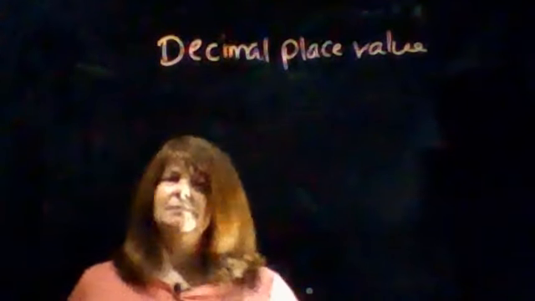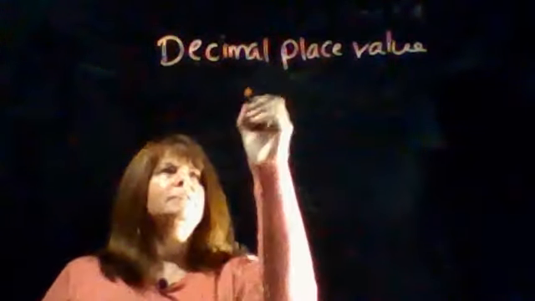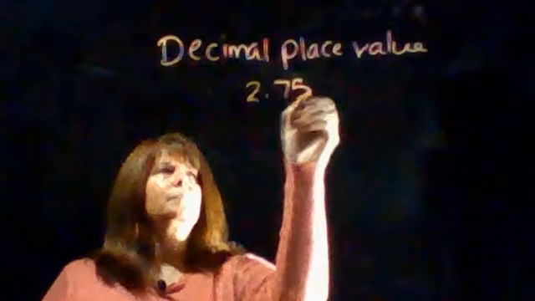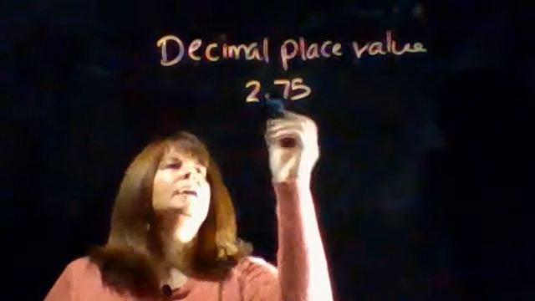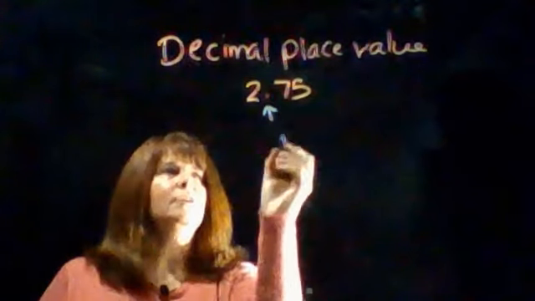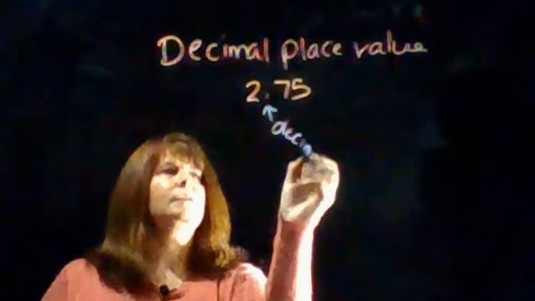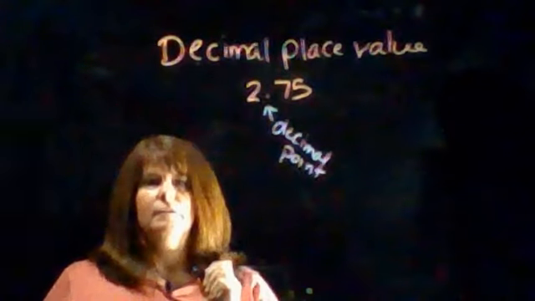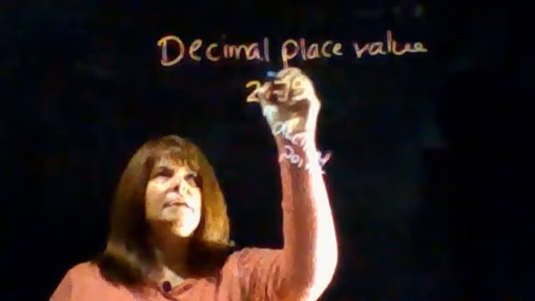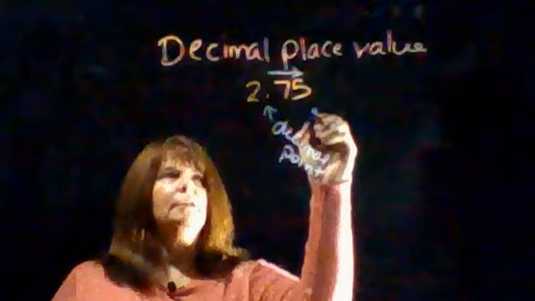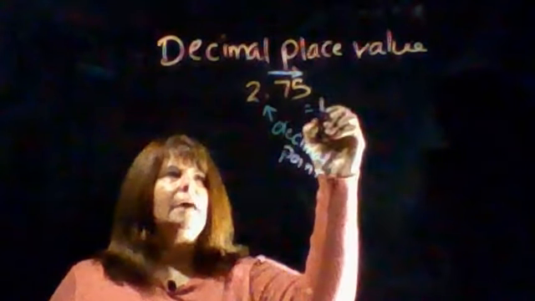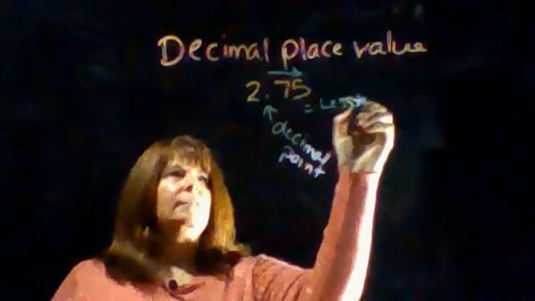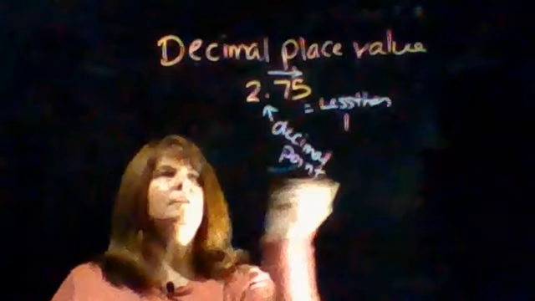Today we're going to be talking about decimal place value. So what is a decimal? Well, if I have this number, this right there is called a decimal point. Okay, and what that indicates is anything to the right of it equals less than 1.